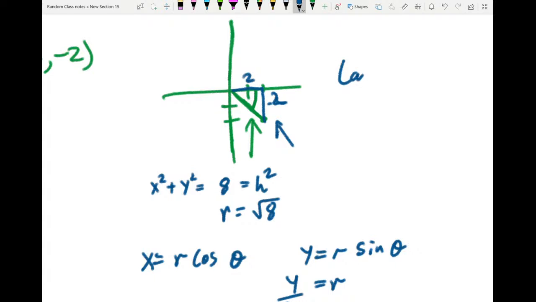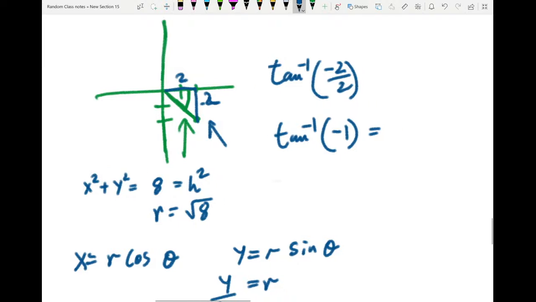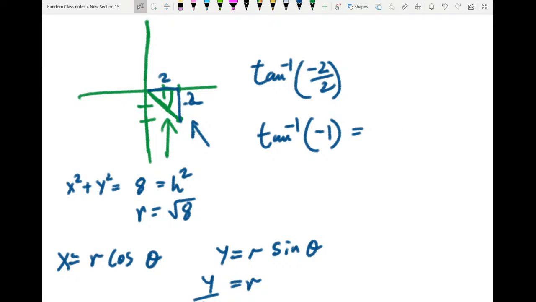So therefore we could just do tangent inverse of y, which is -2 over 2, which is essentially tangent inverse of -1. And we did that. When is that true? It's -pi/4.